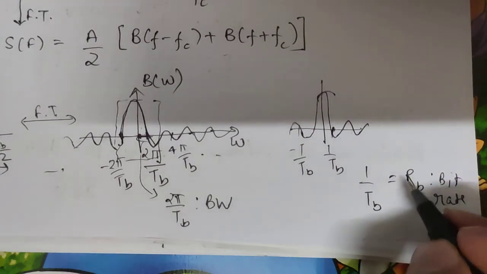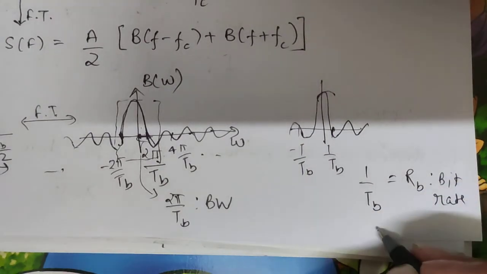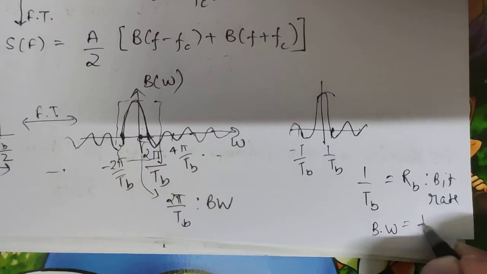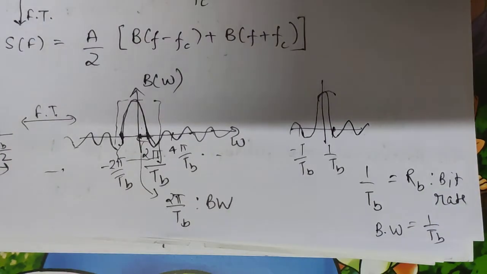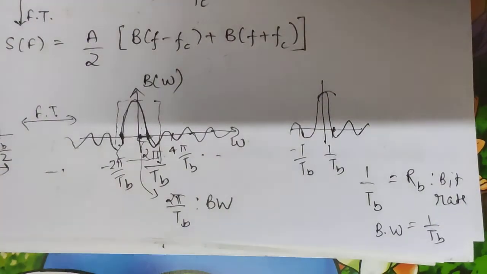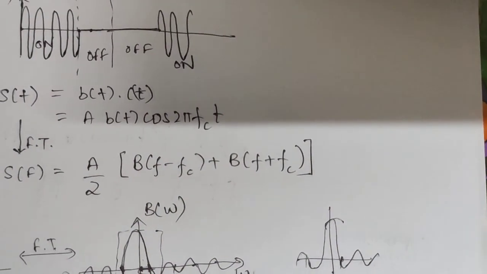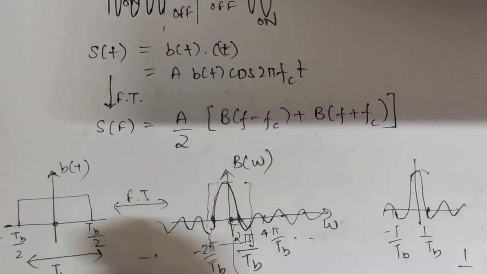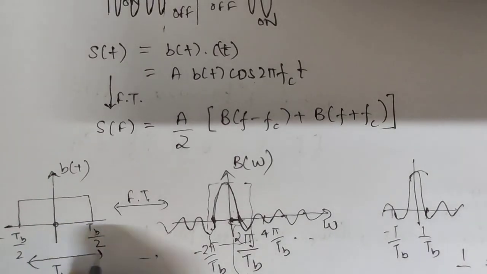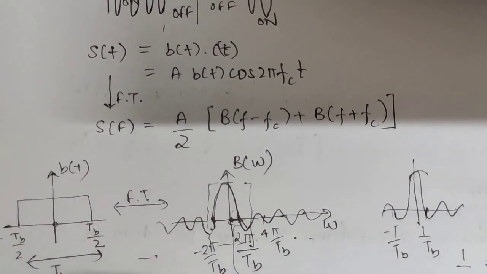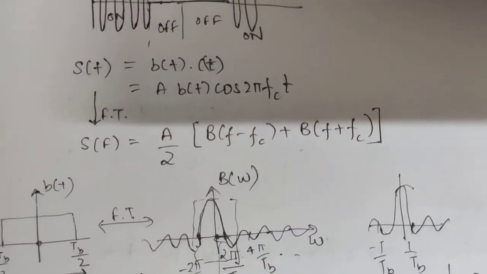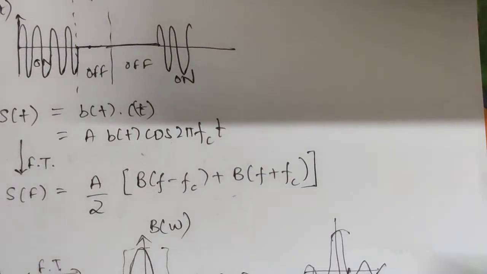So in linear frequency, the bandwidth requirement is 1 by TB. Now we consider this equation. See, I did the analysis just for 1 bit. Now I have the equation form ready.